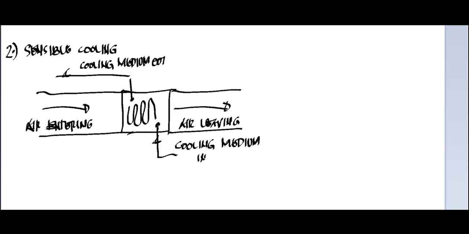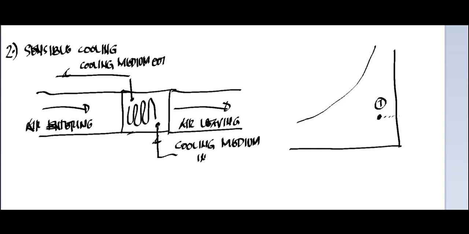So it is represented in a psychrometric chart by this straight line. So this time it is an opposite, starting from point 1 here, where we have your humidity 1 is equal to humidity 2. Then we have a straight line here.